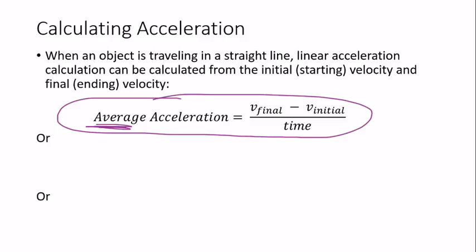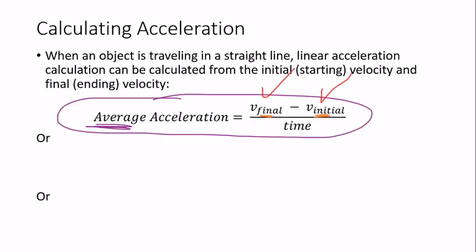We're going to take whatever its final velocity is, and do a subtraction in the numerator: the final velocity minus the initial velocity. In science, we always take the final state and from that subtract the initial state. We just always do that. Divided by time. So it shouldn't be too bad. We could go back and do those ones on the previous slide if we wanted to.